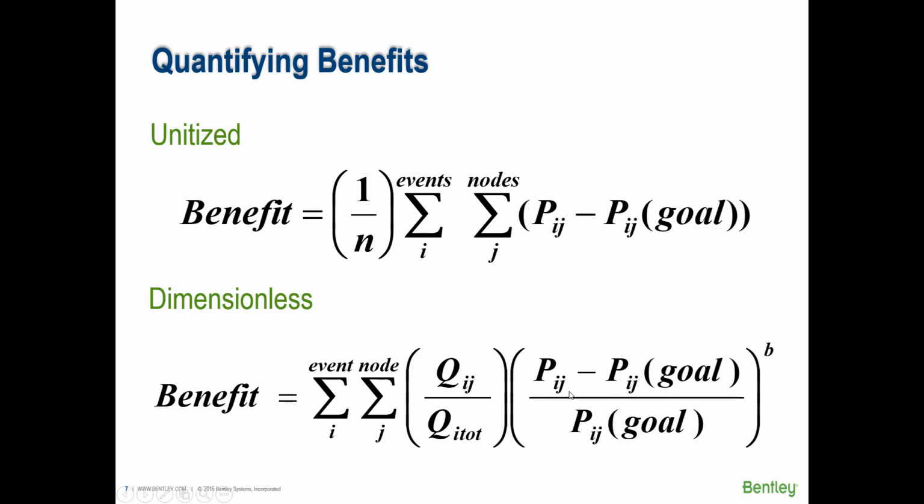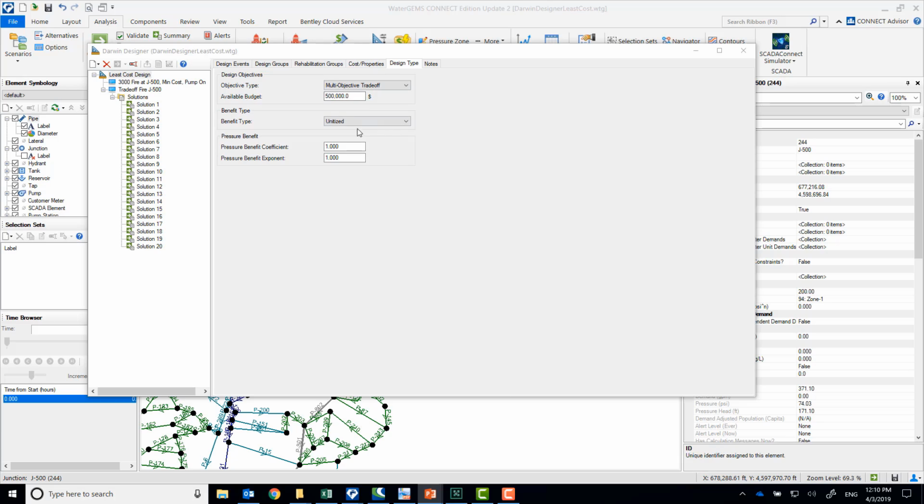The result is not pressure anymore, it's just dimensionless. And it's also weighted by the demand at the node. Okay, so demand at the node divided by total demand. That's the only difference of choosing one or the other. In this exercise, we're going to use unitized. Okay, so let's go take a look at our solutions.